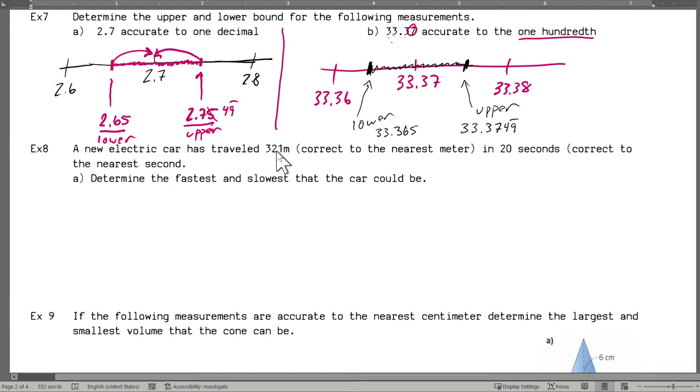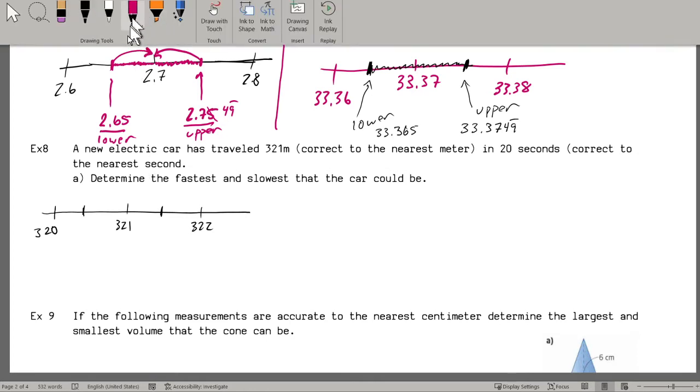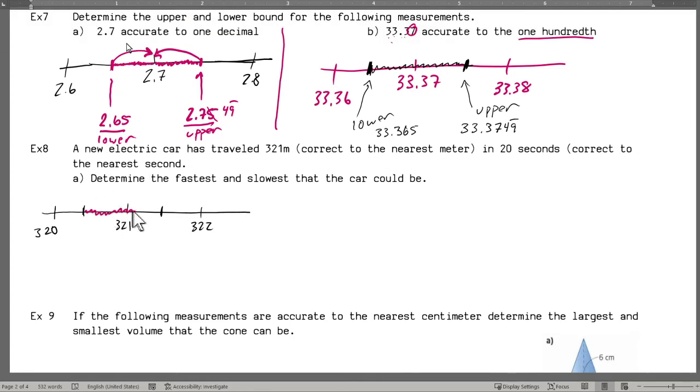So what I want to do here is I want to find what numbers could have been the distance. So 321, 320, and 322. So any one of these values in here could have been the actual distance that it traveled.